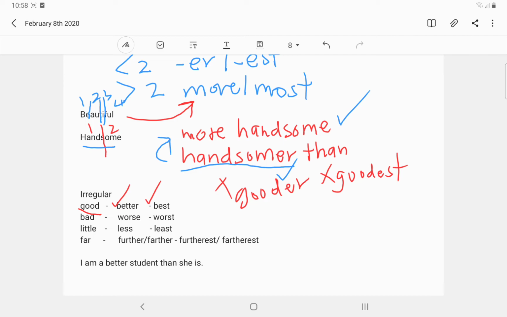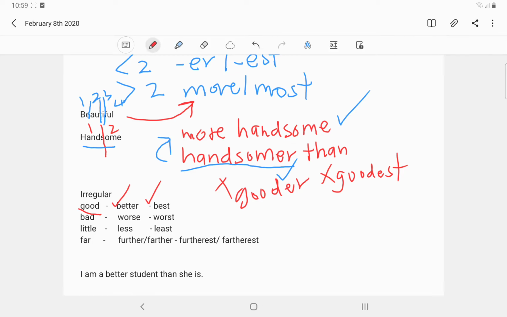Kalau kita guna ayat more tadi, okay. So good cuma ada satu syllable. So bila guna satu syllable, ER ataupun EST. So kalau you nak tulis I am a gooder student than she is. Adakah ayat ni salah?